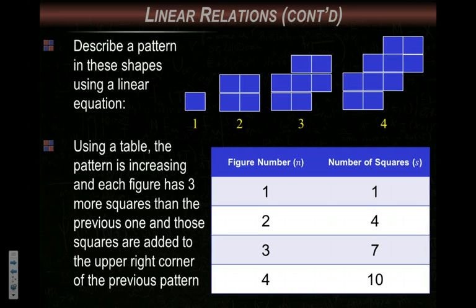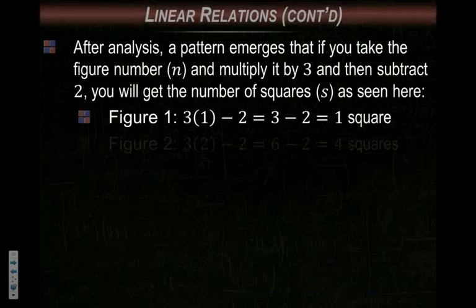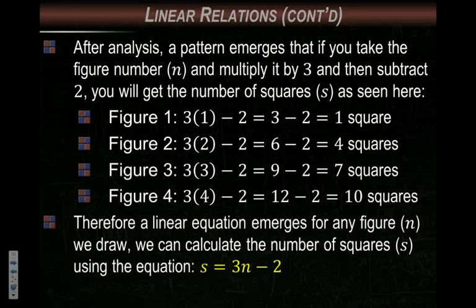Well, we could just keep doing the math, but if we were to try to work this out a little bit better, what I could do is say, you know what, like here it looks like figure 1, 3, and 2, etc. I actually came up with an equation for this. The number of shapes, S, or pardon me, the number of squares, is equal to the figure number times 3 minus 2.